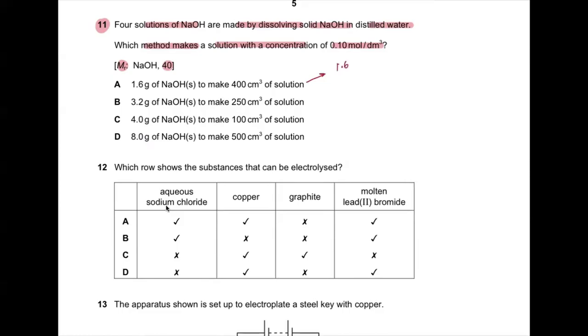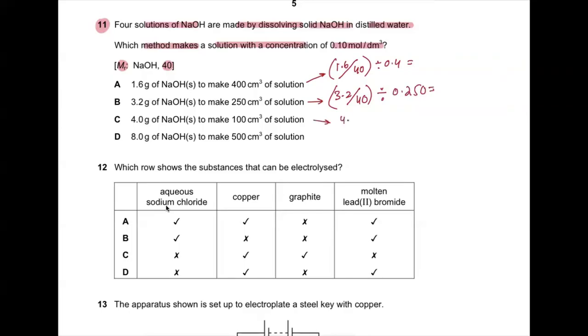So 1.6 divided by 40 will give you the moles, and this whole thing divided by 400 centimeter cube, so divided by 0.4, will give you the concentration. In the second case, 3.2 divided by 40, then divided by 0.250 will give you the concentration.